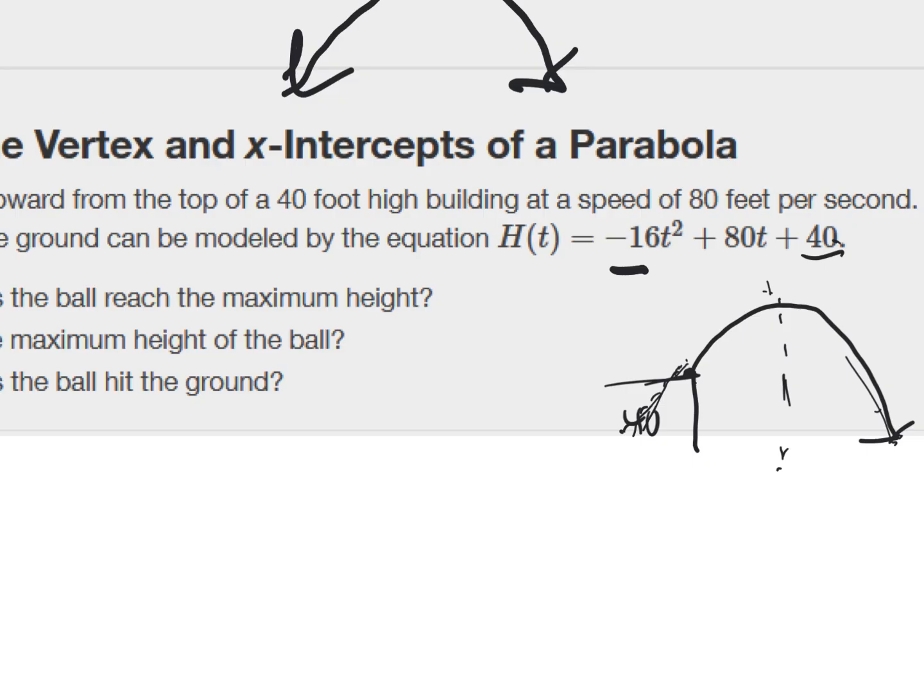So a is going to be negative 16. Actually, the acceleration due to gravity is negative 1/2 a. Why is it negative?